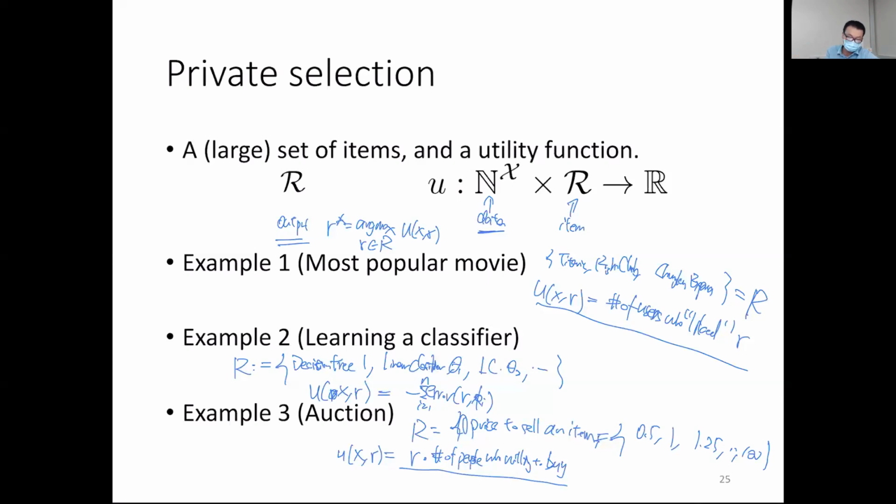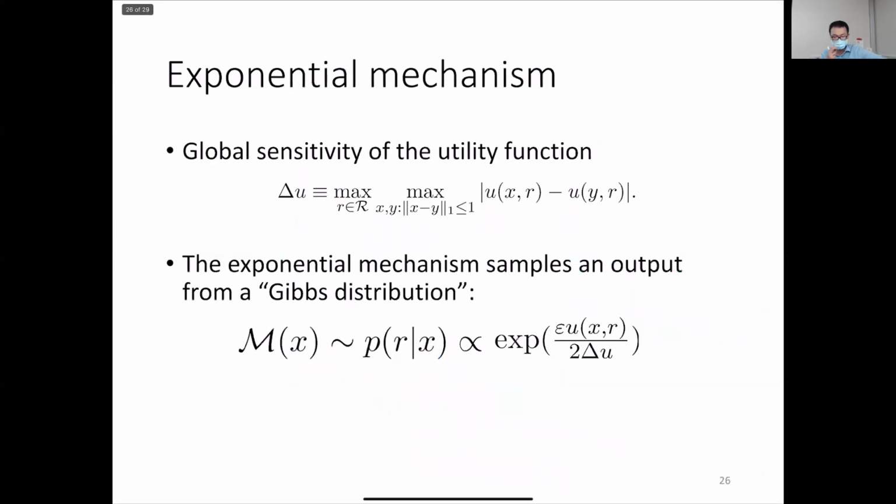So what can we do? It turns out that we can. Provided that the utility function itself has bounded sensitivity, meaning that for every possible output, if we add or remove individual data points from the data set, the utility function is bounded by the global sensitivity delta, then we can run something called the exponential mechanism, which samples from the Gibbs distribution defined by the utility function itself.